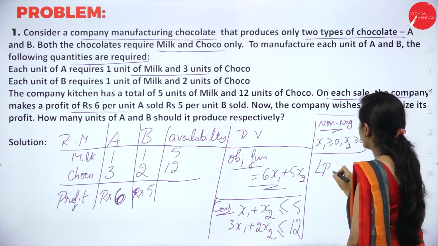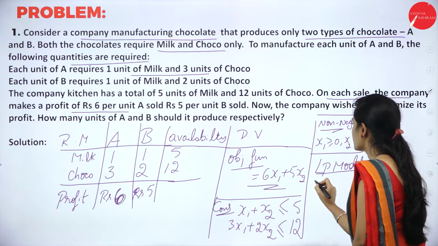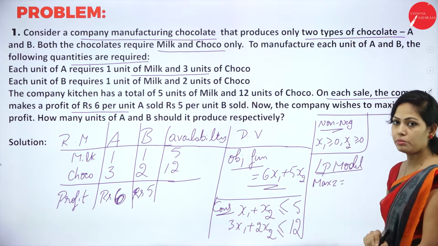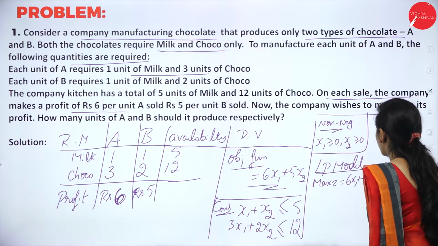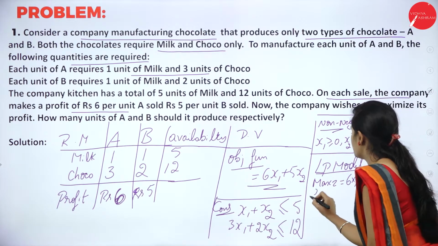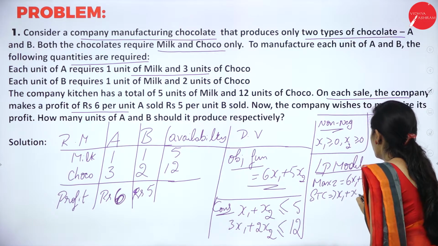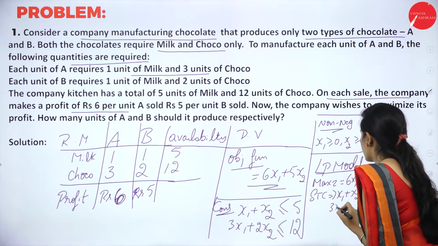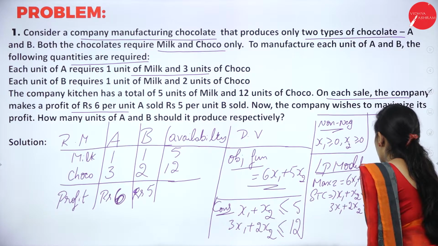So the LP model is: max Z, as this is a maximization problem, max Z equals 6x1 plus 5x2, subject to the constraints x1 plus x2 less than or equal to 5, 3x1 plus 2x2 less than or equal to 12.